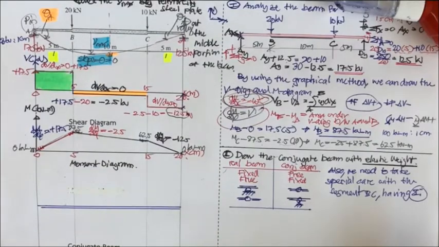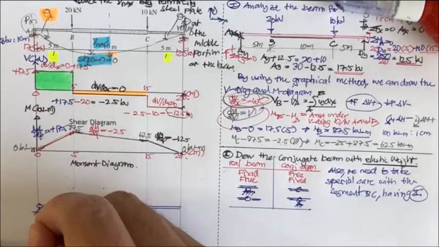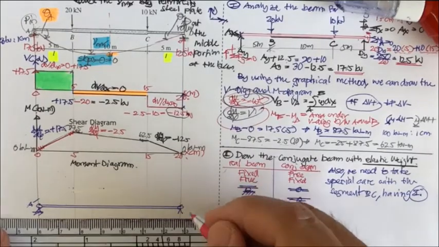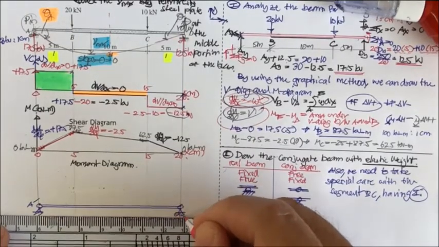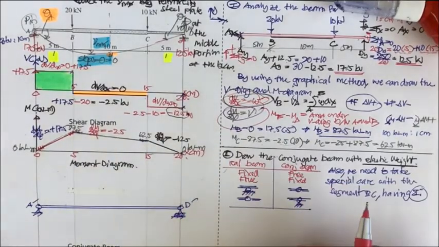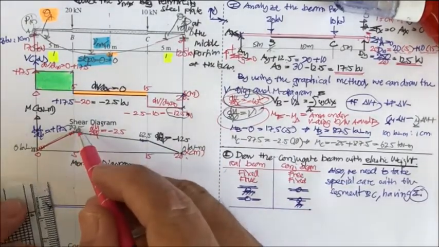Now, like I said, this is a steel pin, and this is A point, and the roller still is the roller, and this is going to be D point, and you have 87.5.